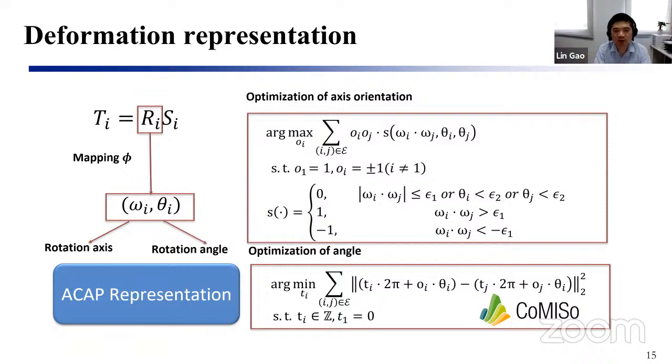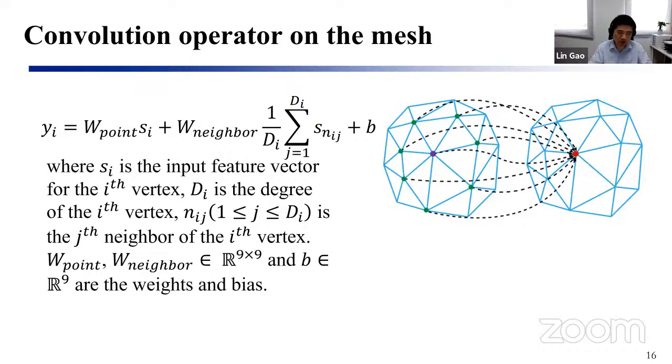Next, given this representation, we want to encode the deformation. So here we need something such as a convolutional neural network to analyze the 3D model. This is different from 2D images, because 2D images are very regular, and we could use some filter or window to do the convolution. But for 3D meshes, it's not an easy task.